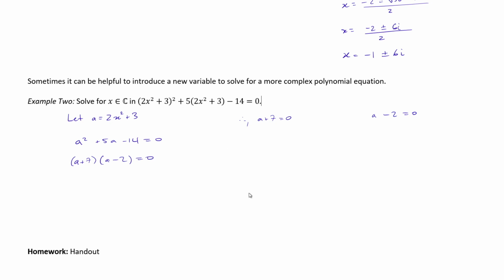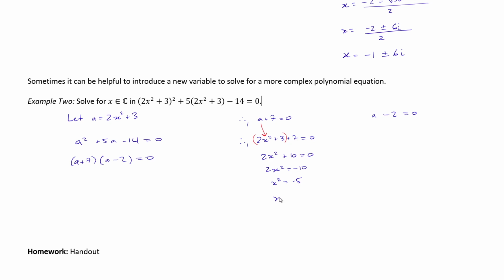Now I can input my other values here. So instead of a, I'm going to write therefore 2x squared plus 3, plus 7 is equal to 0. I'm going to put this in brackets just so you know that this came from the a. I resubstituted that back in. So 2x squared plus 10 is equal to 0. 2x squared is equal to negative 10. x squared is equal to negative 5.